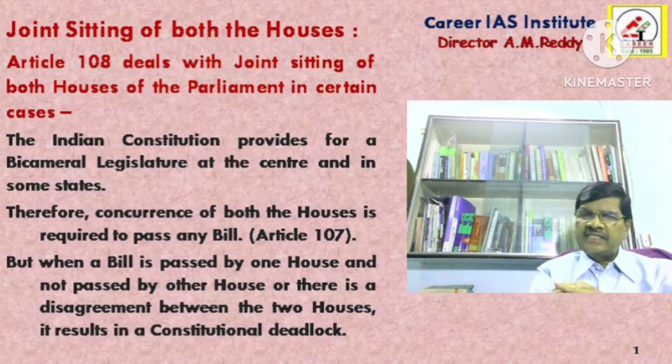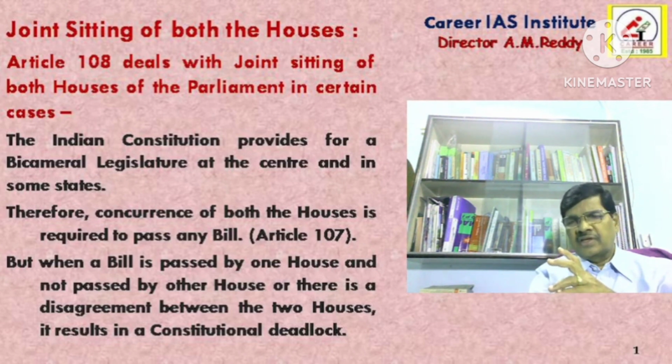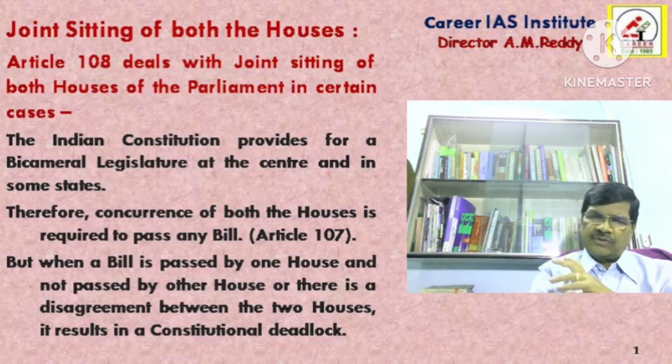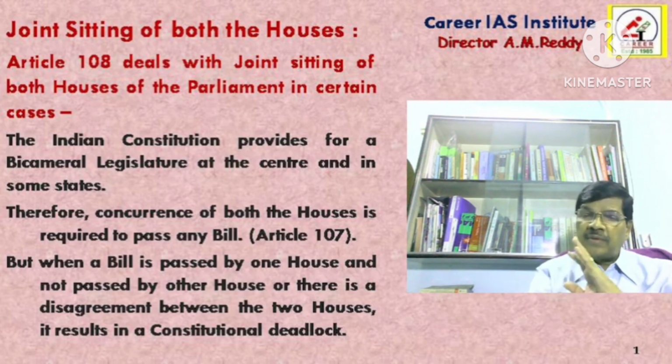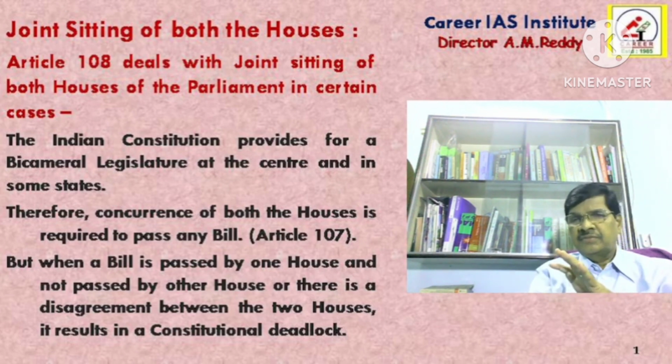What do you mean by disagreement between the two houses? It means the first house passes the bill and sends it to the second house. The second house rejects it, that is, without passing. Or the second house may pass the bill, but with certain amendments.